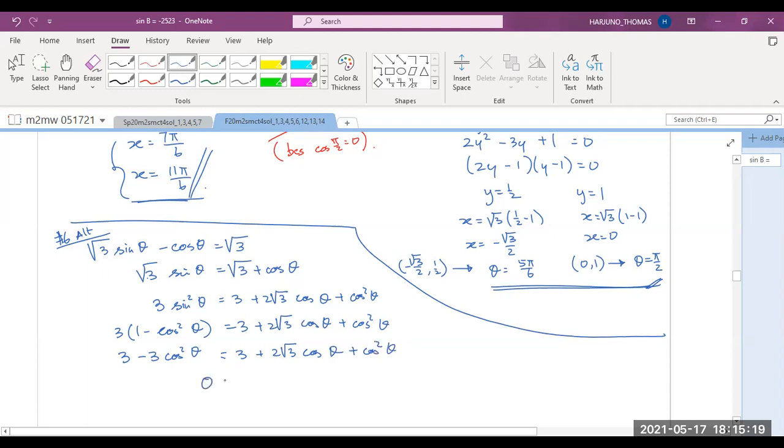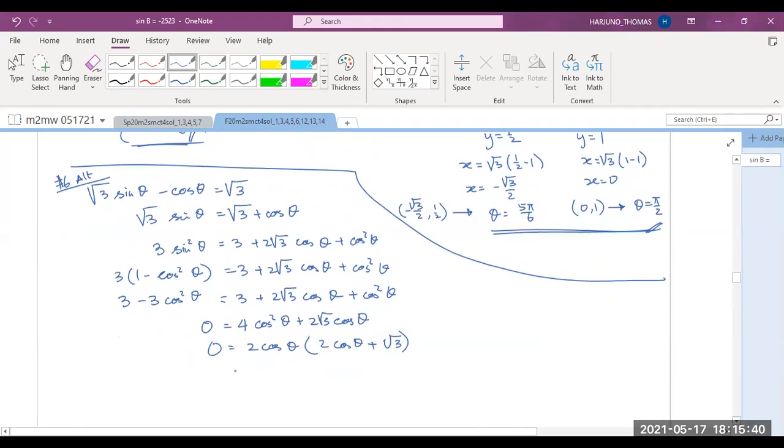So that becomes 0 equals 4 cosine squared theta plus 2 square root of 3 cosine theta. And the 3 cancels, so I can factor 2 cosine theta here. Okay, so we get cosine theta equals 0 or cosine theta equals negative radical 3 over 2.